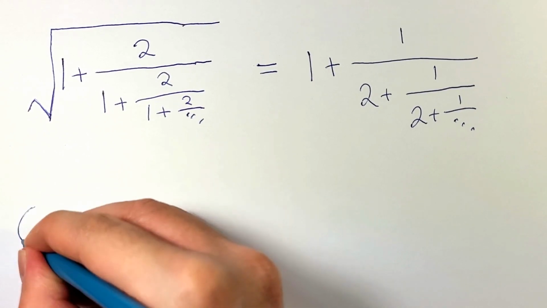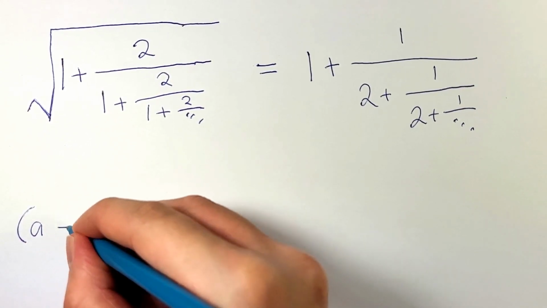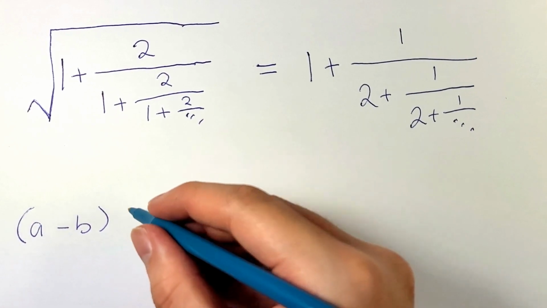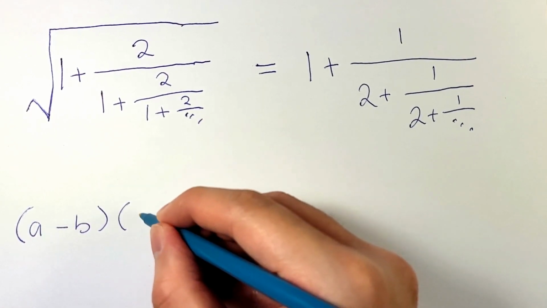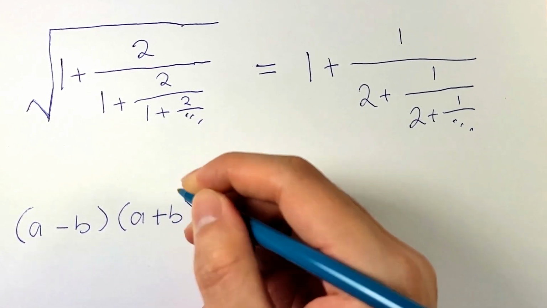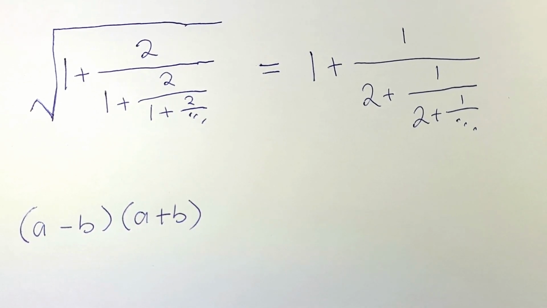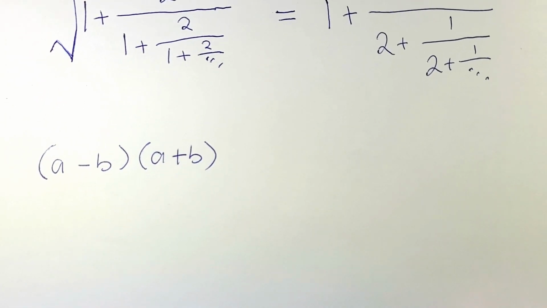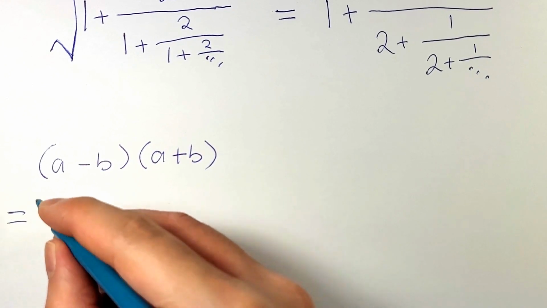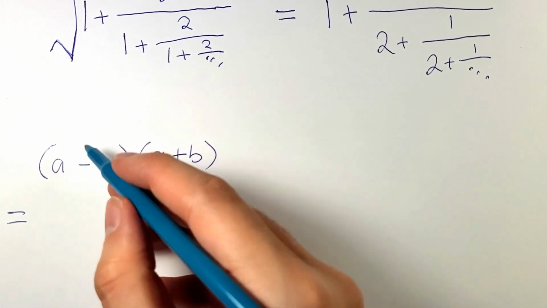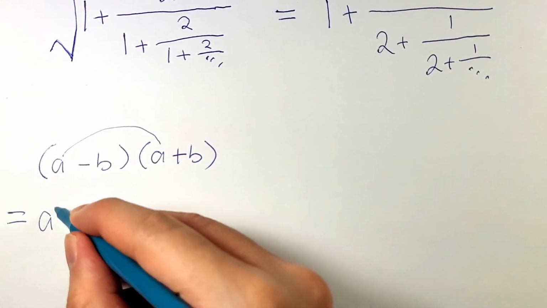So I have two variables, a and b, and I try a minus b times a plus b. So what I do next here is I will multiply them out. So I get a times a. This is a squared.